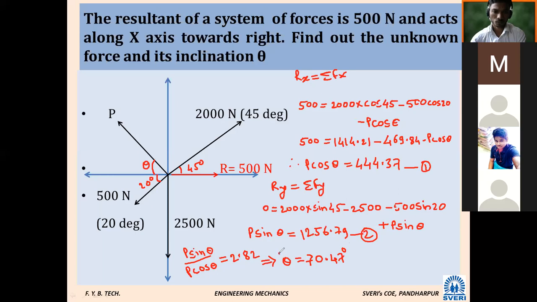So this will be the answer for theta. Now you can put this value in either equation 1 or 2 and calculate the value of P.